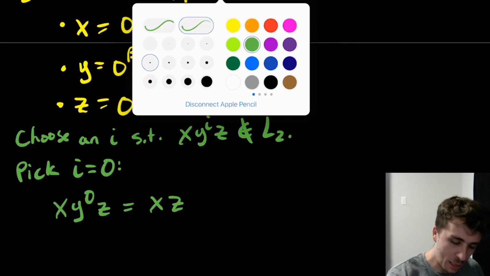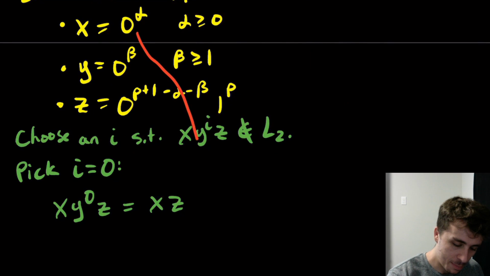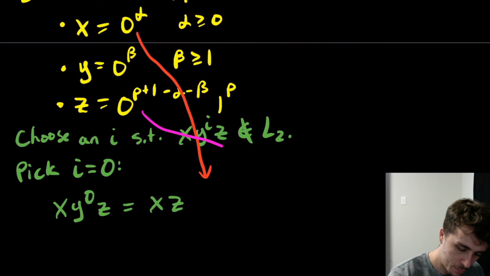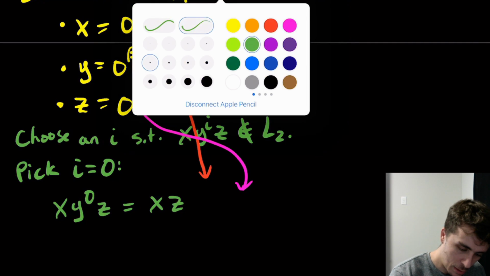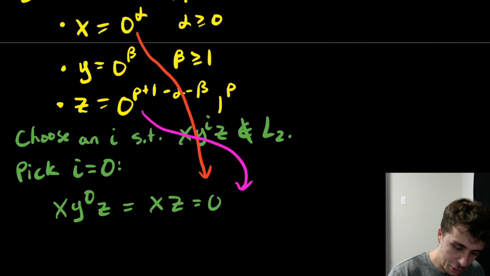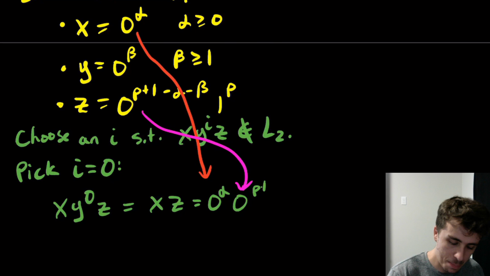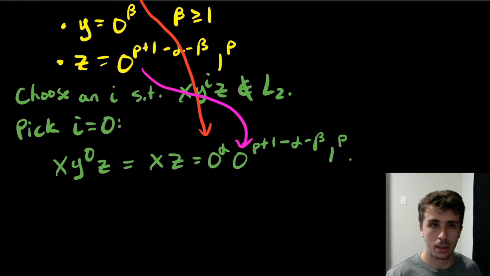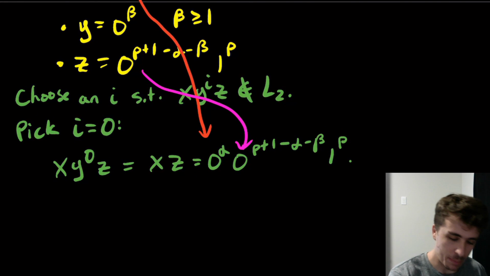Well, again, I'm going to copy down the pieces, just like before. So I'm going to have 0 to the alpha for the x part, and then 0 to the P plus 1 minus alpha minus beta, 1 to the P. That's just copying down the multiple pieces.